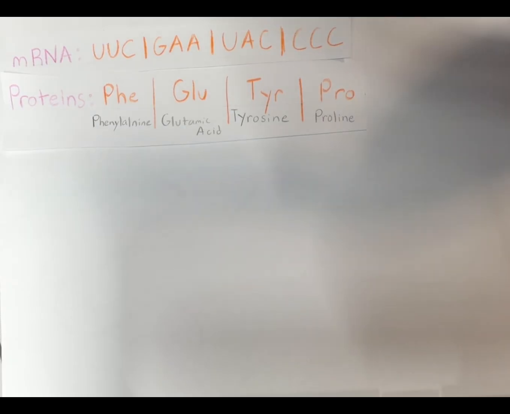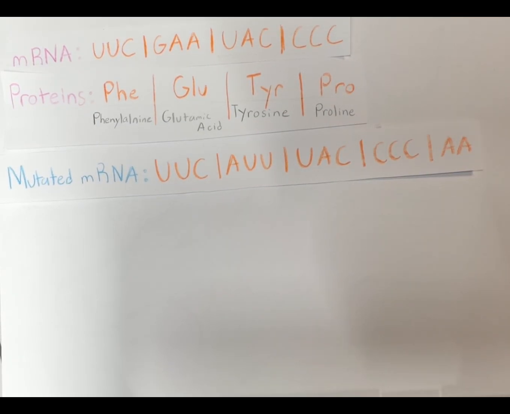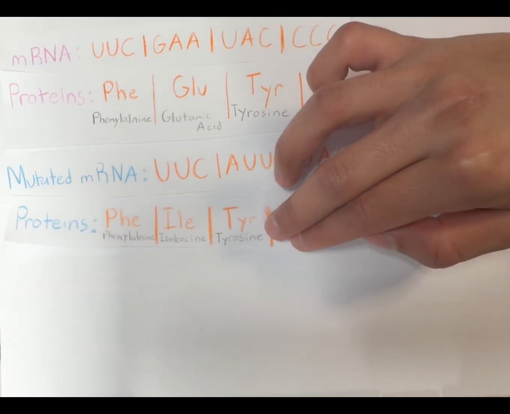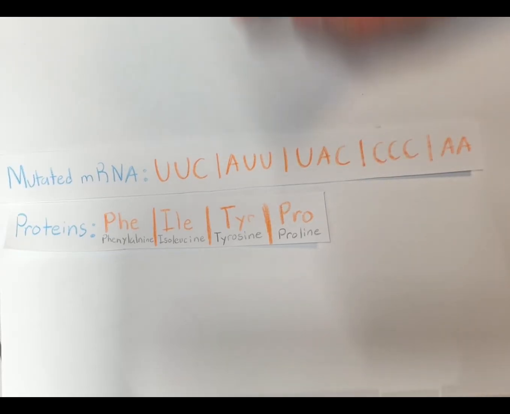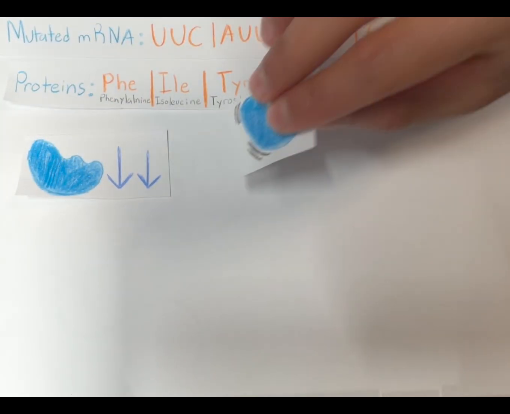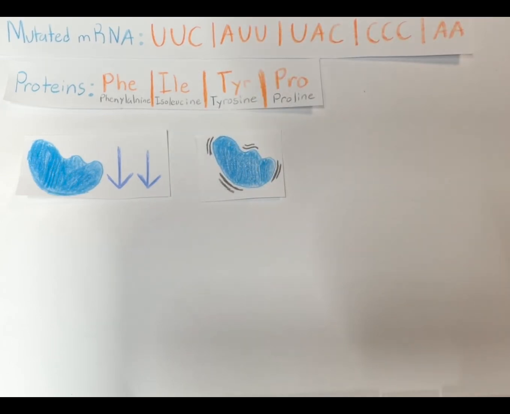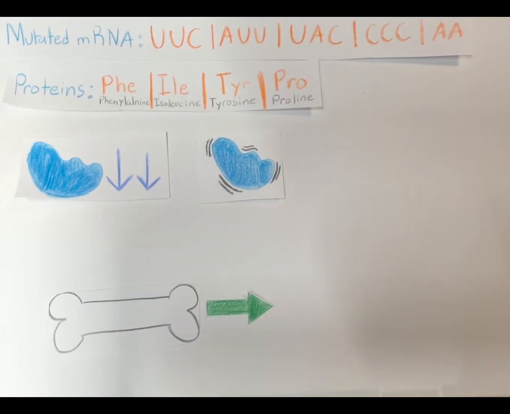If we take our mutated RNA that we applied our insertion and deletion to, we can see that it creates the amino acids phenylalanine, isoleucine, tyrosine, and proline, switching glutamic acid with isoleucine compared to our original mRNA strand. These changes can ultimately affect enzyme stability and enzymatic activity. In the case of UGDH, this can result in the shorter growth of leg bones in cats and is now called the Munchkin cat mutation.